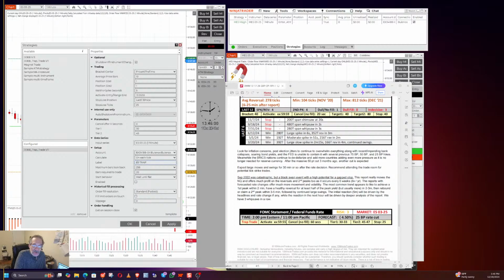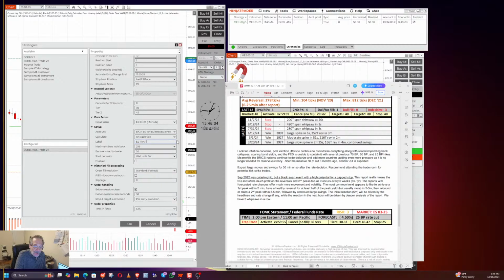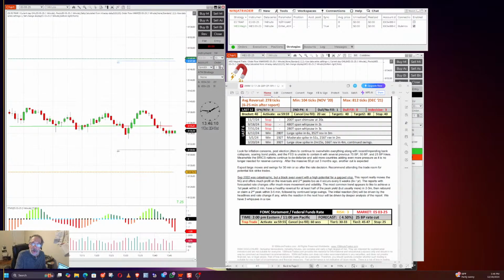I labeled the trade ES trap. I'll show you why. I scroll down, I apply it, and I okay it. I make sure that my chart is on the same account that I told the software to trade on, and that was my account number 4. And now I just enable my trade.